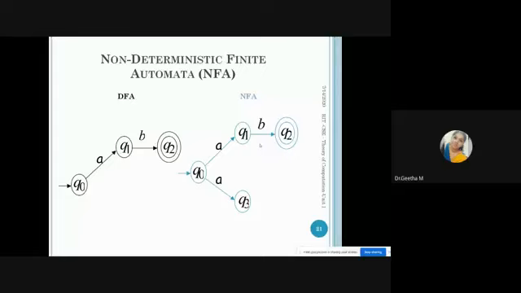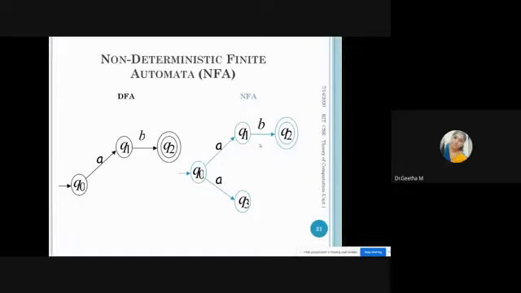In a deterministic way, we can say that on input symbol A, it moves from Q0 to Q1. And for input symbol B, it moves from Q1 to Q2. So we will not get any confusion here. Clearly, you know where it has to move.